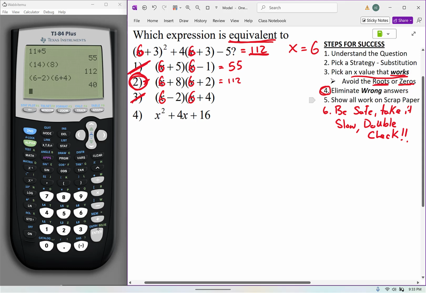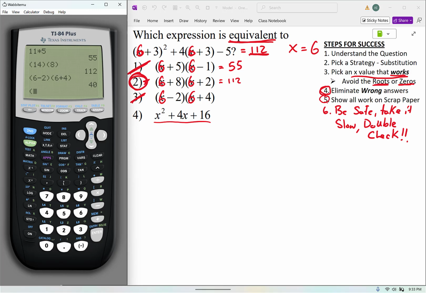That's coming back to showing all work, nice and neat. And then here's the one that you might have been a little confused about, but look, we said x is 6, so anytime you substitute, use parentheses: plus 4 parentheses 6, because we're substituting in an x, and then plus 16. And you'll see it's not 112.